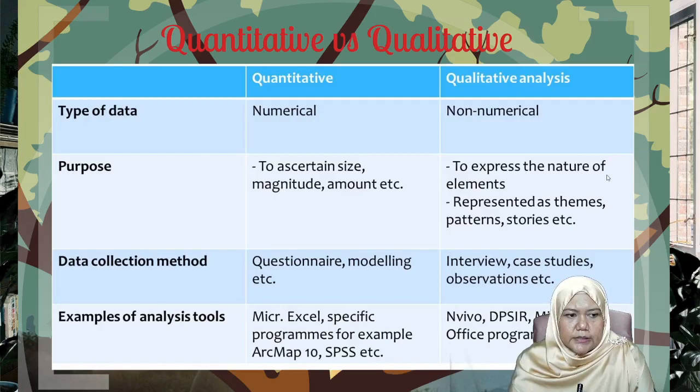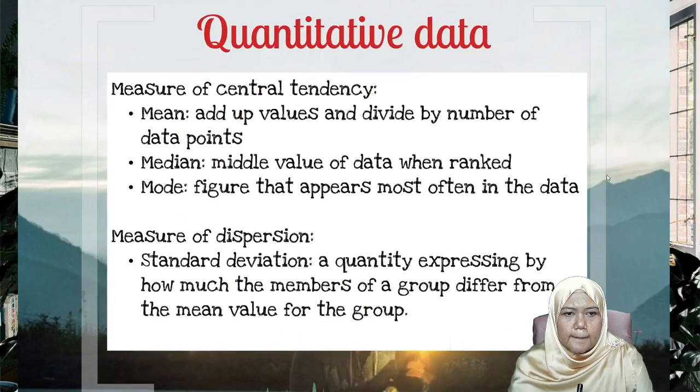Okay, so if you are talking about quantitative data, usually we are talking about statistics. That is the representative of the statistical methods. Statistics is actually the way to make sense of the data. Again, usually we use some measurements, for example mean, median, mode, in order to make sense of the data that we collected.